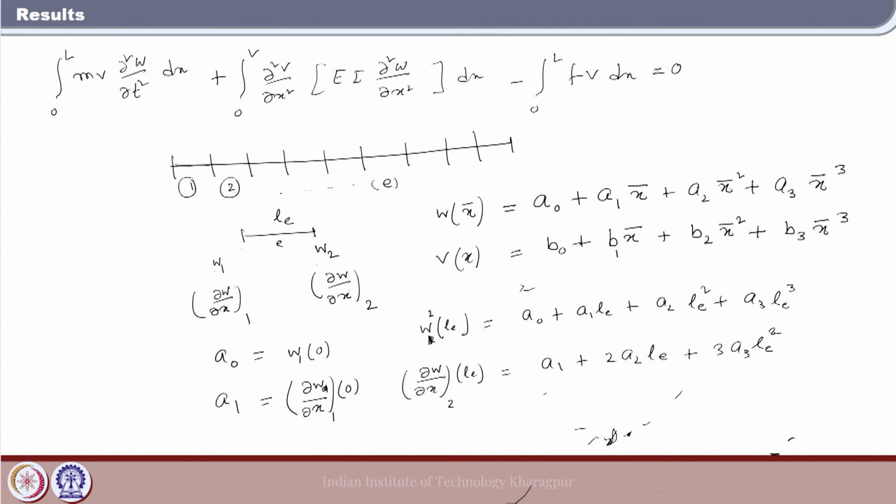Fine. Now, from here what you need to do is write the expression W x in terms of A 0, A 1, A 2 and A 3. You need to write the whole expression in terms of W 1 and del W del x at node 1, then W 2 and del W del x at node 2 at L e.